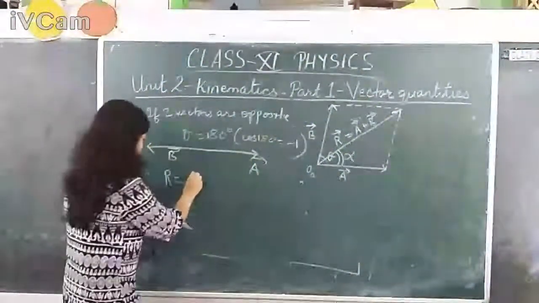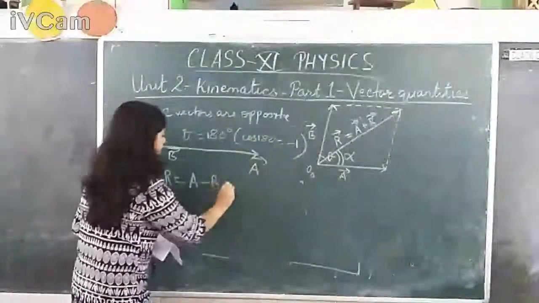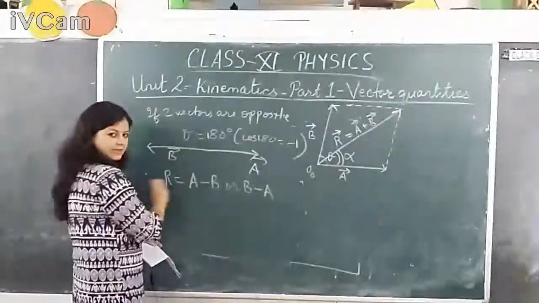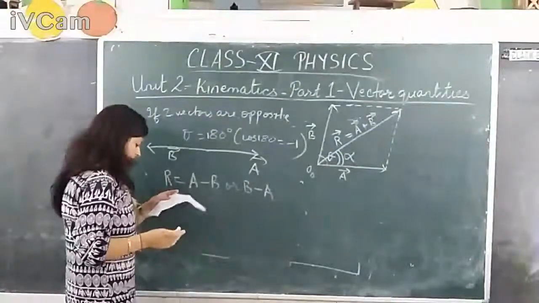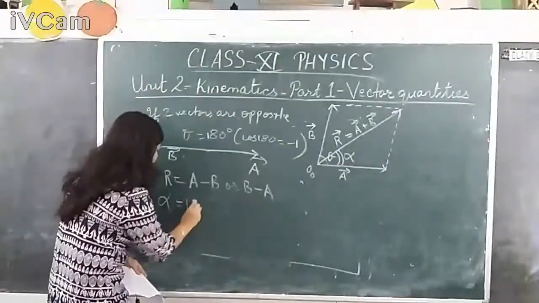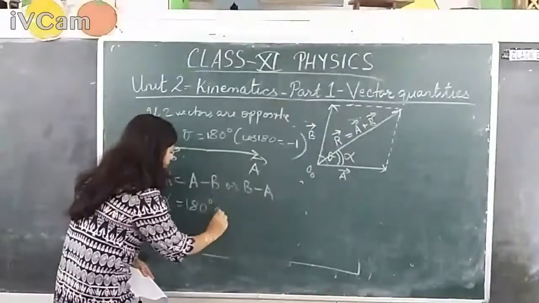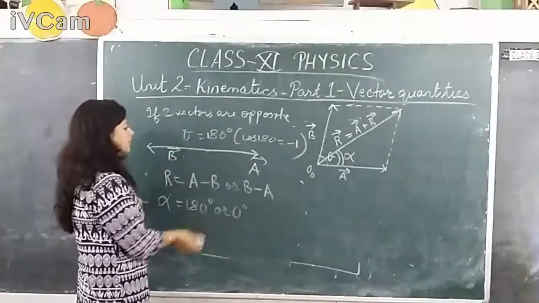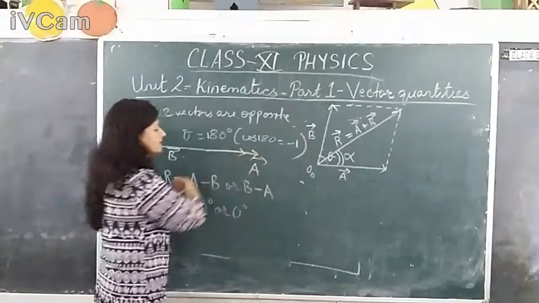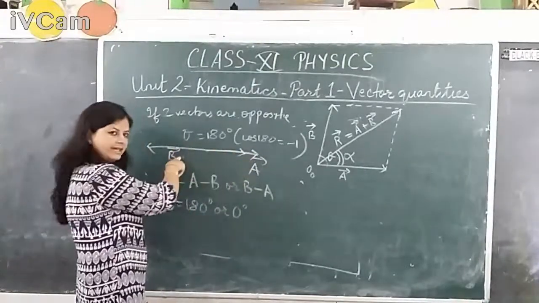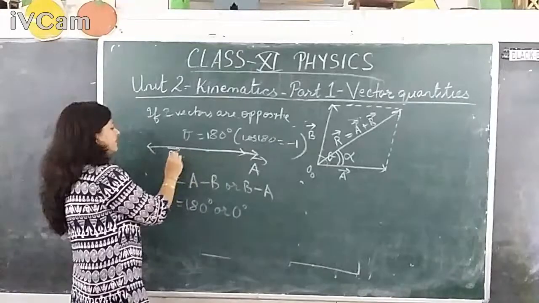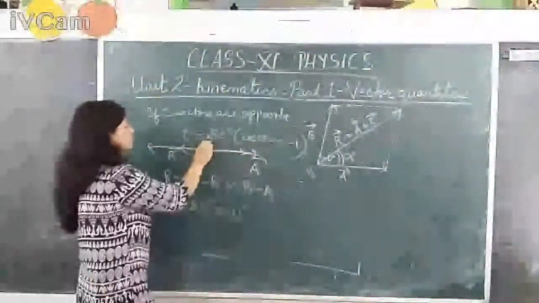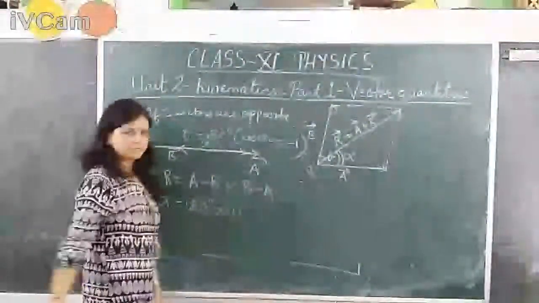So R will be equal to simply A minus B or B minus A, whichever is the bigger vector will come first. Okay, and α will be equal to 180 degrees, or sometimes it may also be equal to 0 degrees, meaning the resultant vector may be directed in this way if A is bigger than B. Okay, if B is bigger than A, then the resultant vector will be directed here, making an angle equal to 180 degrees with the first vector.